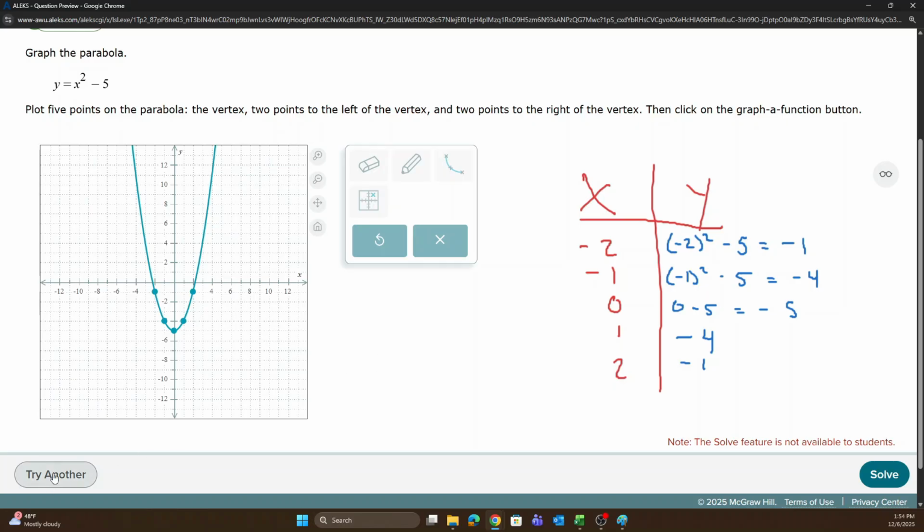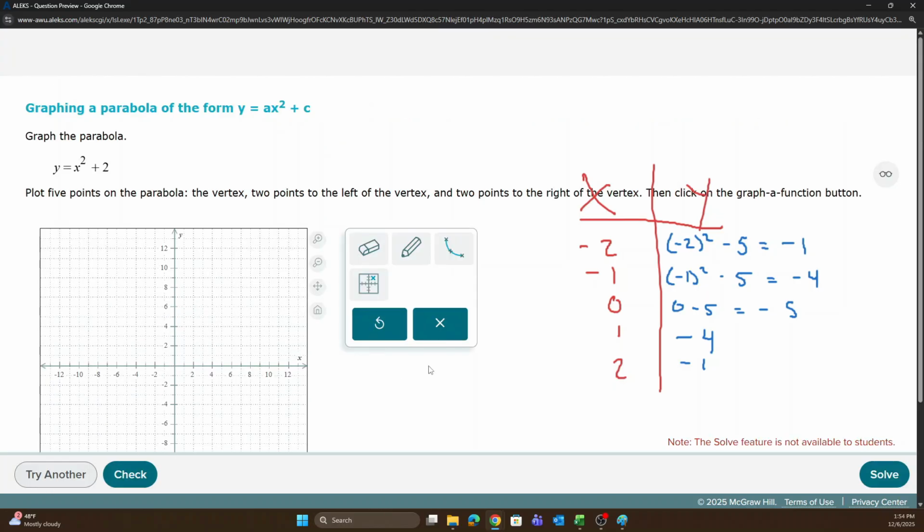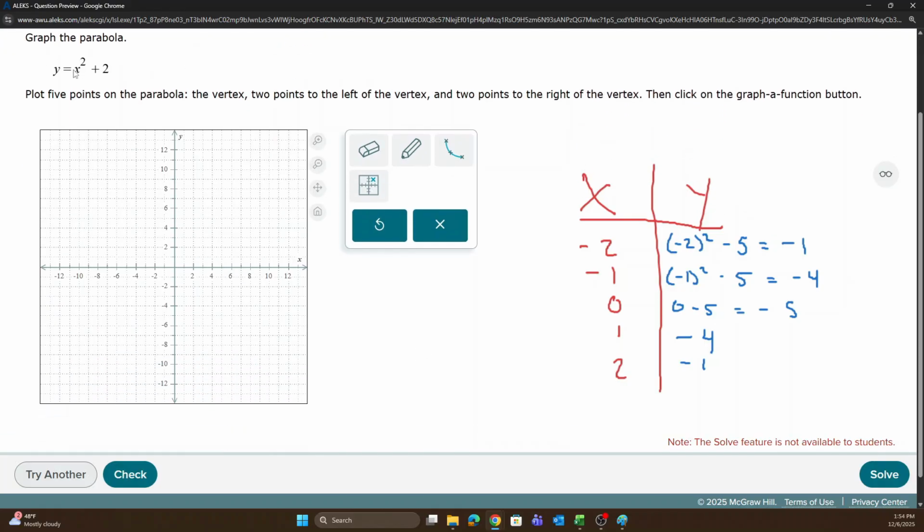So let's do one more. Here we have x squared plus 2. So let's go ahead and clear out this side here. And then we can just use the same table.